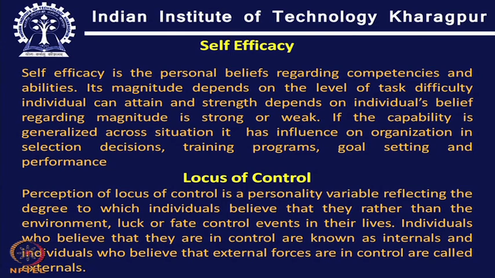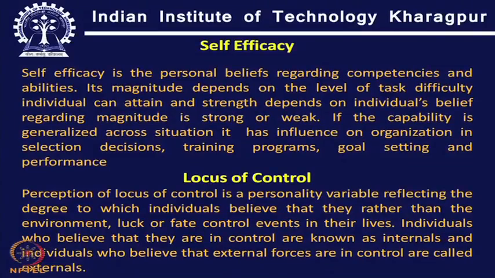Locus of control determines whether the person is externally controlled, whether a person's performance is due to fate or it is the person who is controlling the events of their lives. People can be classified as internals and externals based on their belief whether they are controlling their fate, controlling the events in life, or fate or luck is controlling it.